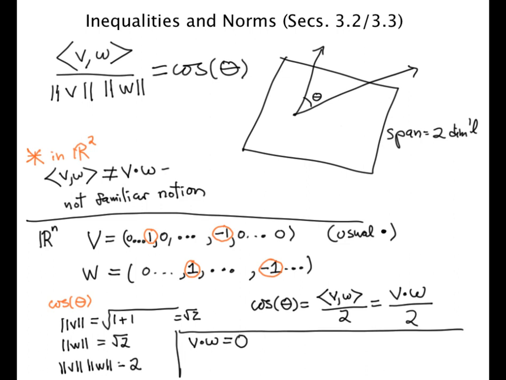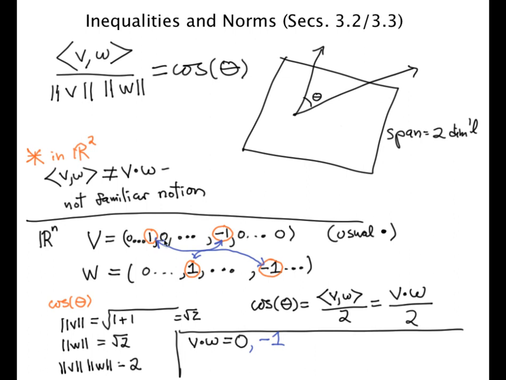Let's see, if this 1 and this -1 lined up, it could be equal to -1. And the same thing would happen if this 1 and this -1 lined up.